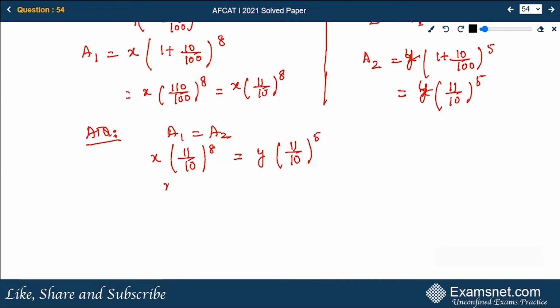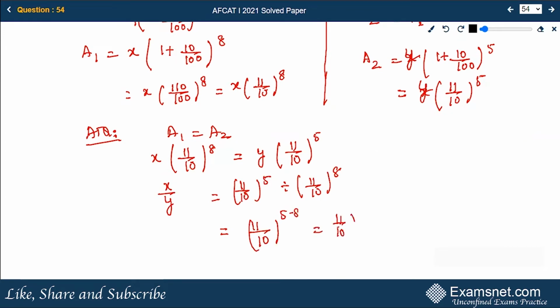So this will be X upon Y. Let's do this. This is 11 upon 10 raised to power 5 divided by 11 upon 10 raised to power 8. When the bases are same, in the case of division, powers will subtract.